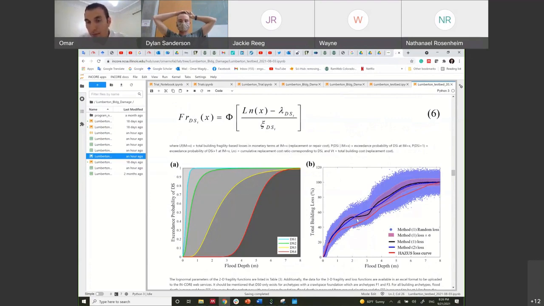We use 2 methods: one is based on the fragility and one is based on the component loss analysis, which are the blue and black ones. The red one is the HAZUS stage damage function for the corresponding building. I think this is archetype 2, which is a 1-story multifamily residential building on a slab-on-grade foundation.